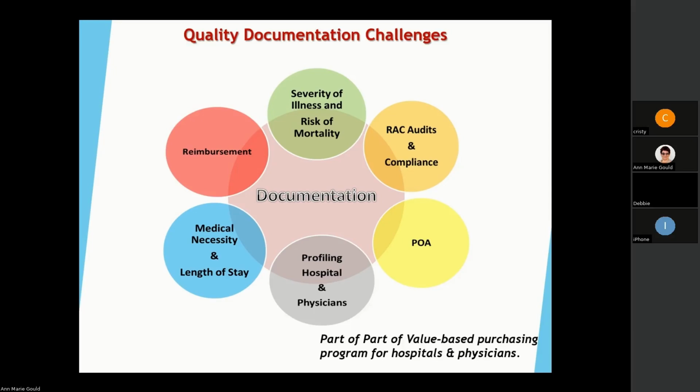So it's not just physicians getting some quality incentive through the value-based purchasing programs. The hospitals are involved as well. And then, of course, your medical necessity and length of stay. That's where case management is involved.